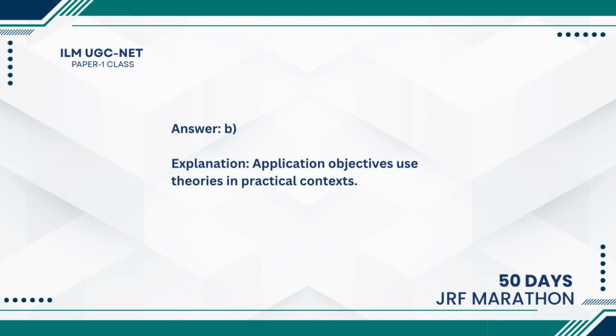So when it comes to application objectives in research, they use theories in practical context. So that will be option B, using UDL, Universal Design for Learning, to address learning disabilities in multilingual classroom. This best represents an application objective of research.